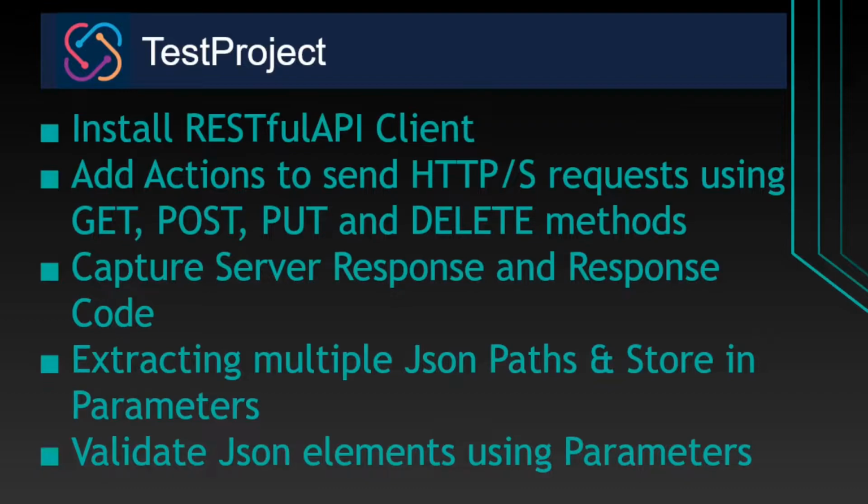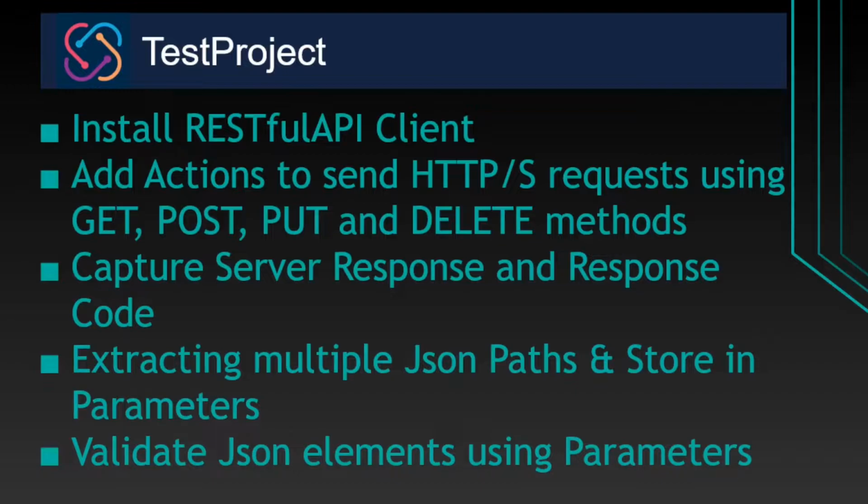And also I'm going to teach you how we can extract multiple JSON paths and then store those in parameters. So what is JSON path? Generally in the JSON structure, you'll have root elements and then child elements. By using JSON path, you can capture any root element or any child element that you want to validate, and then store it into parameters so that you can use those stored parameters against your expected results, or in your upcoming test cases.